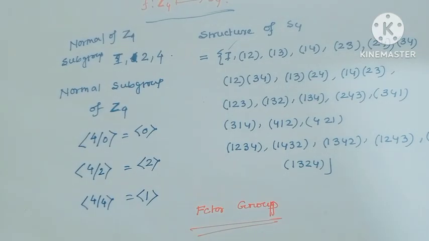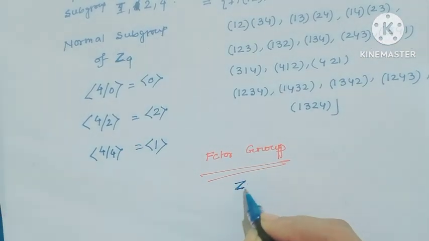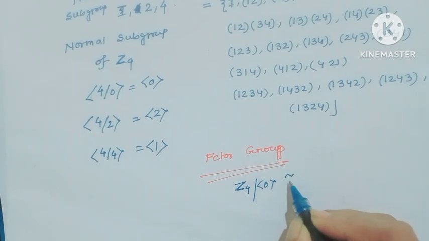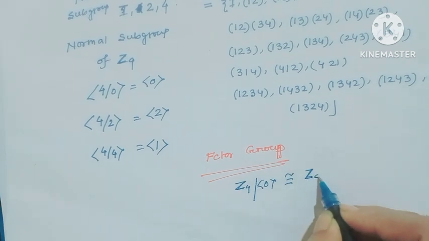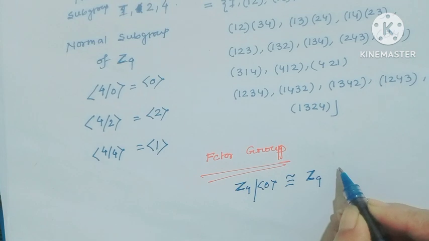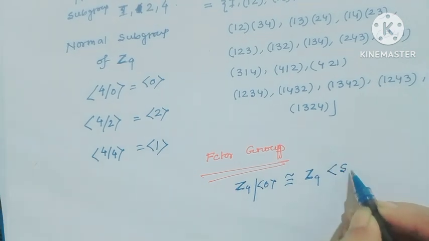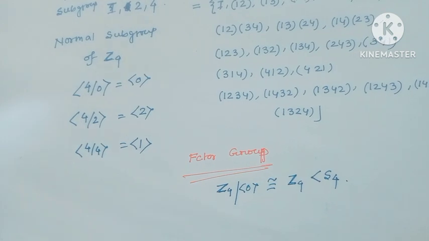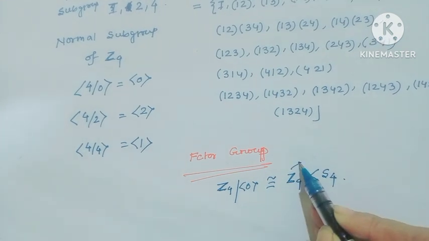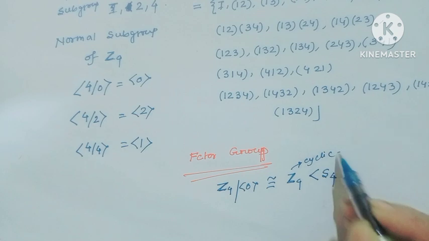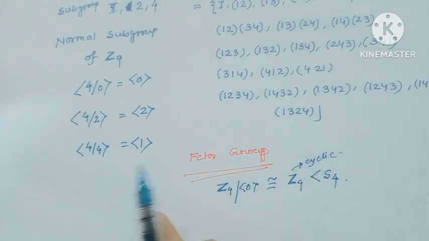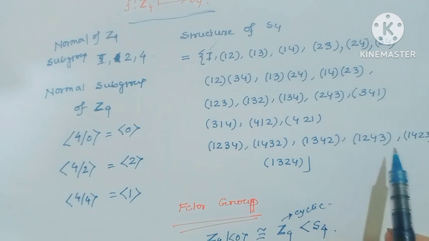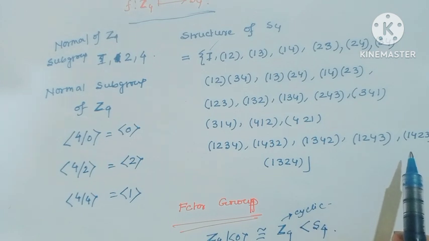The factor groups are: Z4 modulo the cyclic subgroup generated by 0, which would be isomorphic to Z4, which is obviously a subgroup of S4, because this would be a cyclic type subgroup, and in S4 there are 3 subgroups of order 4 of Z4 type.